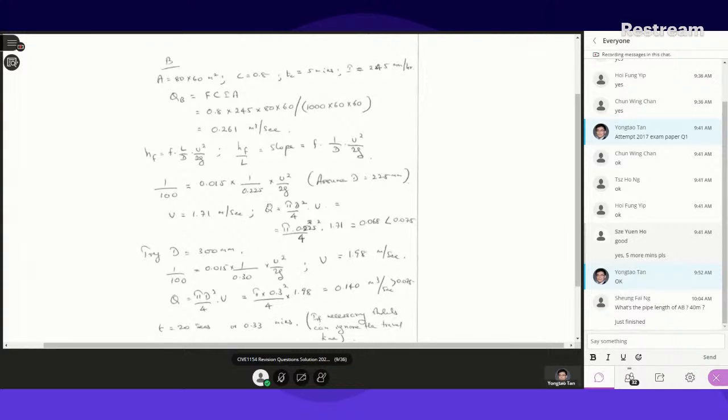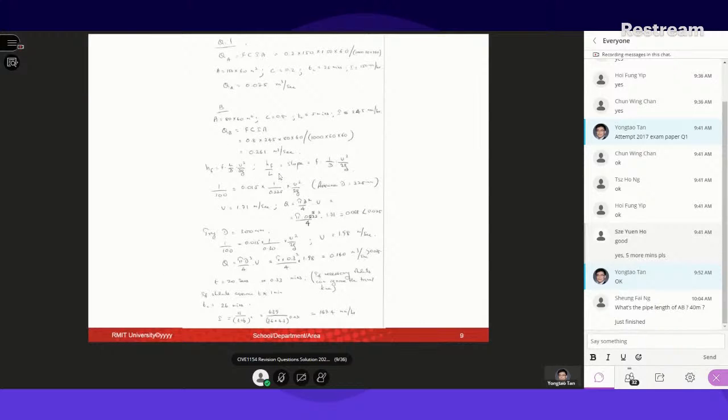For the parkland, we can see that the area is 100 meters times 60 meters. For the paved areas, the area is 80 meters times 60 meters.